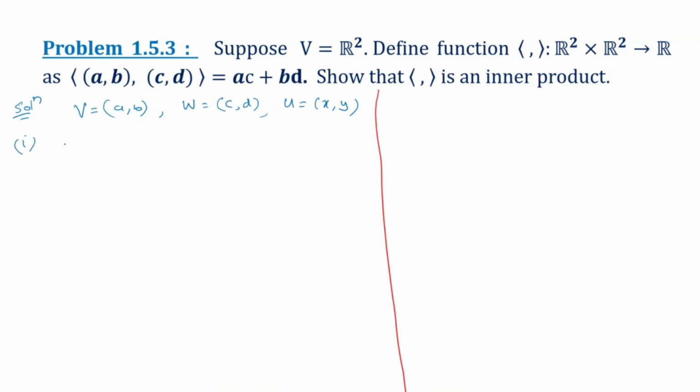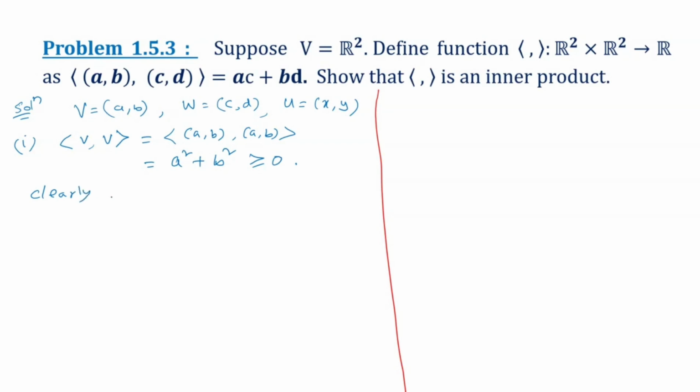So the first property is ⟨v, v⟩. So this will give you (a, b) with (a, b). So ac means the first and first. So this is a squared plus b squared, which is greater than or equal to 0.